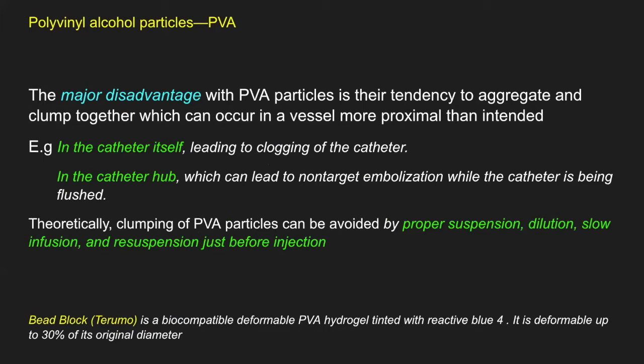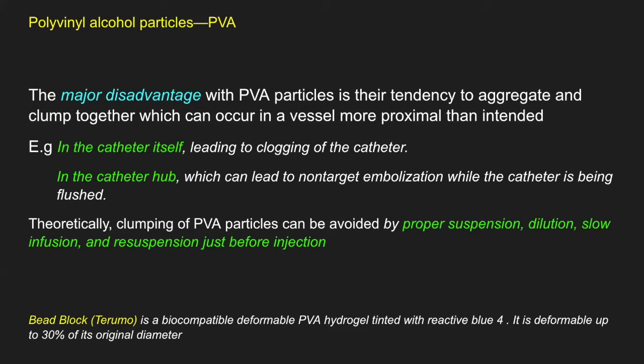The major disadvantage of PVA particles is their tendency to aggregate and clump together, which can occur in a vessel more proximal than intended, and then you have undesired embolization. This can occur in the catheter itself, which will cause clogging of the catheter.